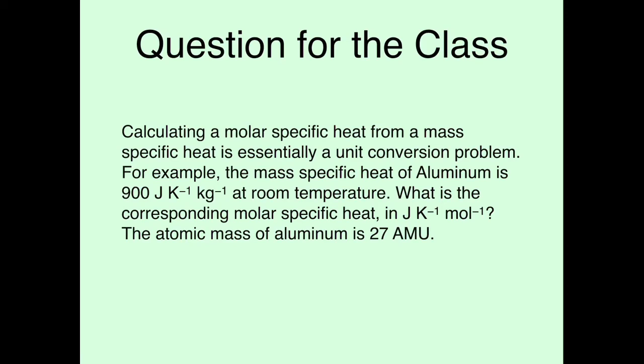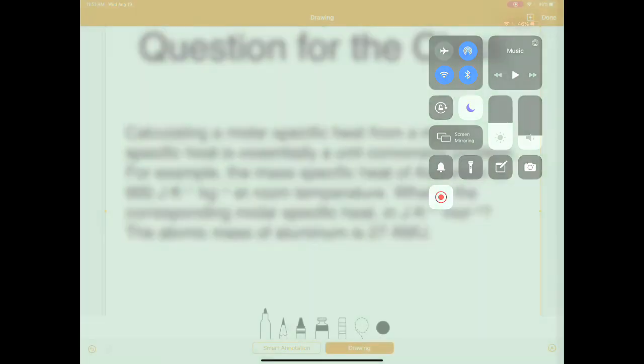So one thing that you're going to need to do this calculation is you're going to need the atomic mass of aluminum. It's 27 atomic mass units. So try to work this out and again, treat it like a unit conversion, going from units of joules per Kelvin kilogram to joules per Kelvin mole, and you should be able to work it out. So pause the video, see what you get, and then we'll go over it together.